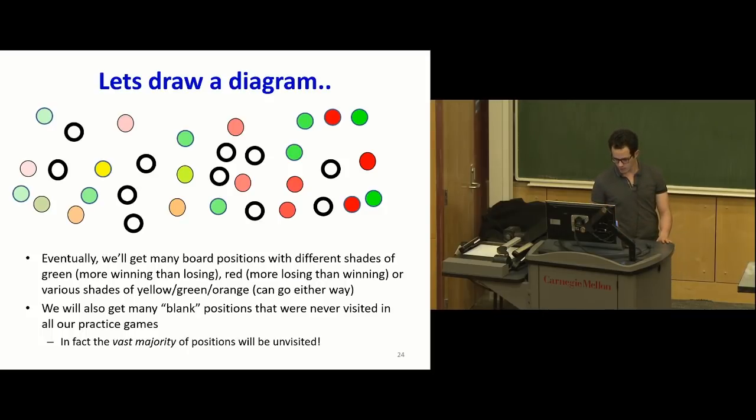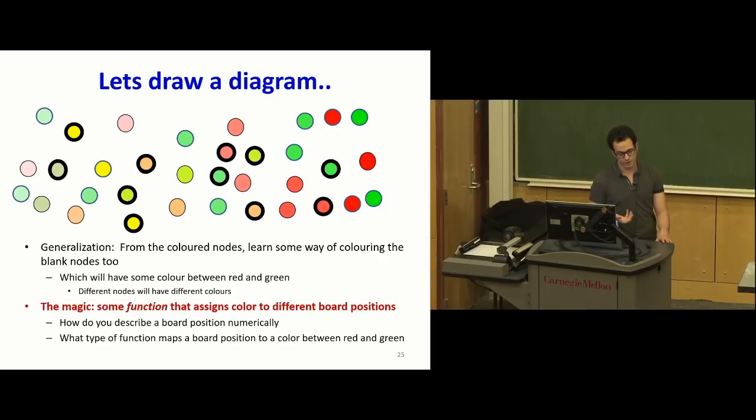So you're gonna need a kind of magic, as we say. A function that's gonna assign colors to board positions based on the games that you play. That's the part where, spoiler alert, deep learning is gonna come in handy eventually.